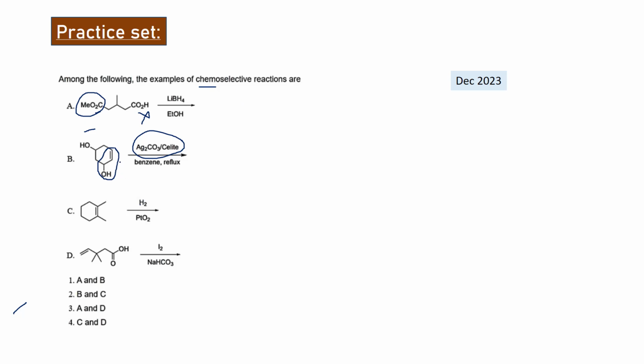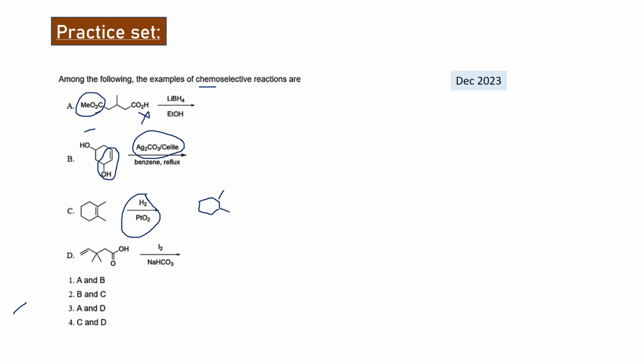So whenever there is an allylic alcohol and a normal alcohol, it is specific to allylic alcohol. So this is also chemoselective. There is only one double bond here, so there is no such selectivity in the case of H2/Pt hydrogenation. It will always give syn addition.